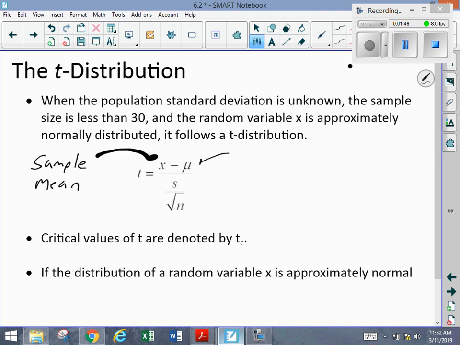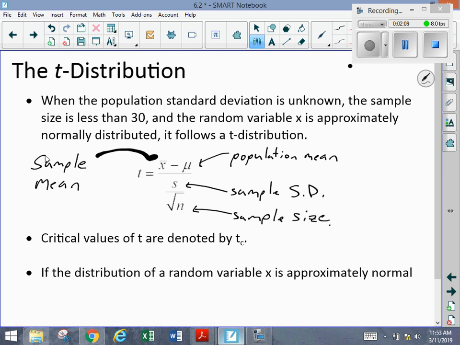And this guy right here is your population mean. This is the sample standard deviation. And this is your sample size, right? For now, we're not going to really use this particular formula. We're going to use it in the future. But it's good to see and know what all of those symbols mean.